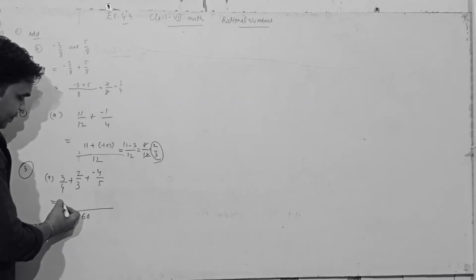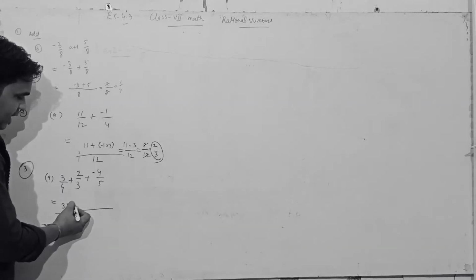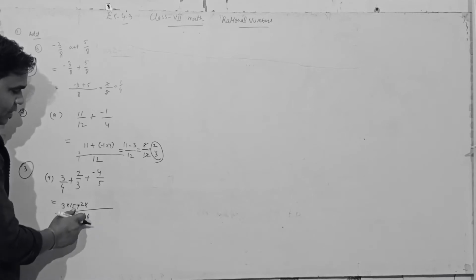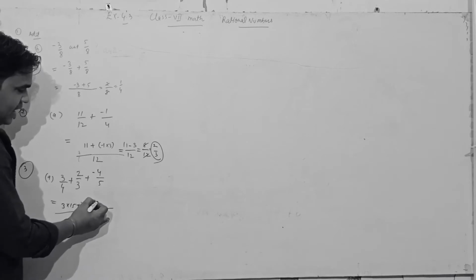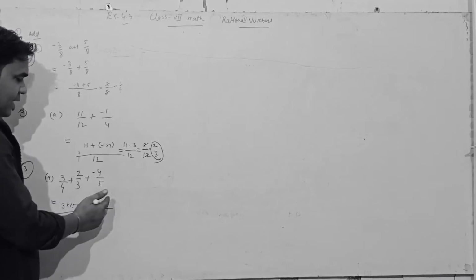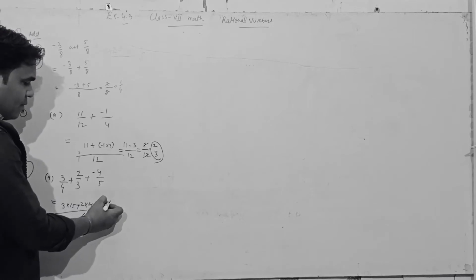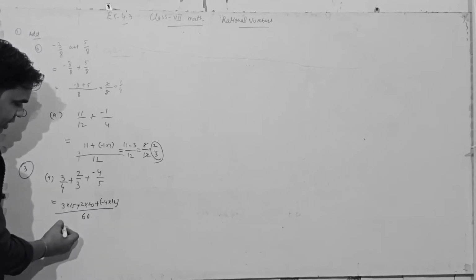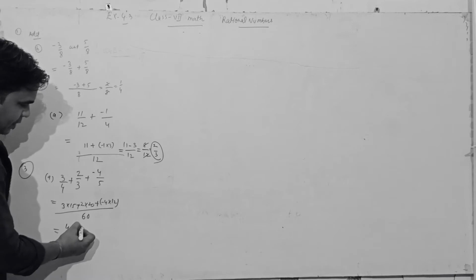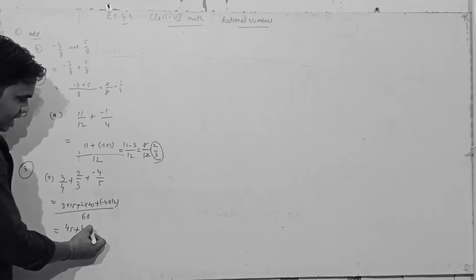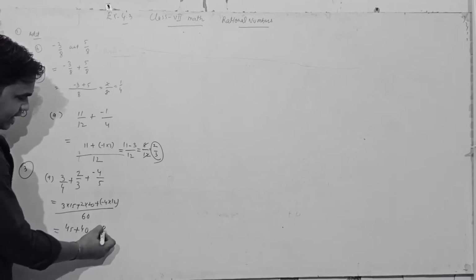So 3 multiplied by 15, plus 2 multiplied by 20, and for 5 it is 12 times, so minus 4 multiplied by 12. After that we get 45 plus 40 minus 48 over 60.